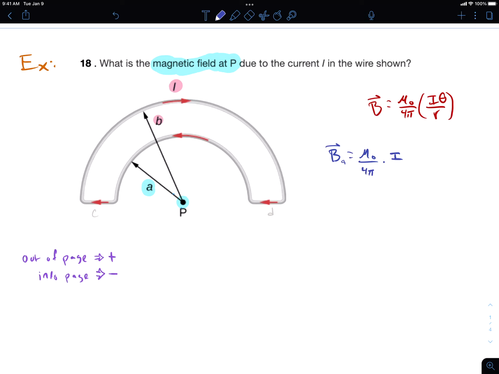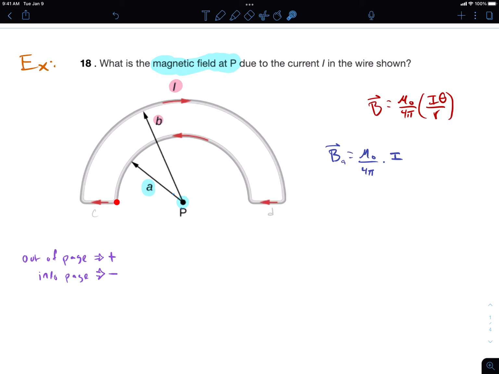Times I. And then I have two values here that I need to fill in: my angle and my radius. See if you can fill in what these should be. At least your radius, you should be able to fill in in terms of the variables in your problem. Hopefully you were able to figure this out. If not, pause and take a moment to think about it.